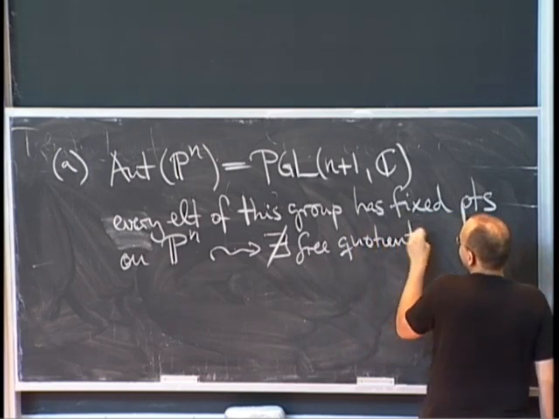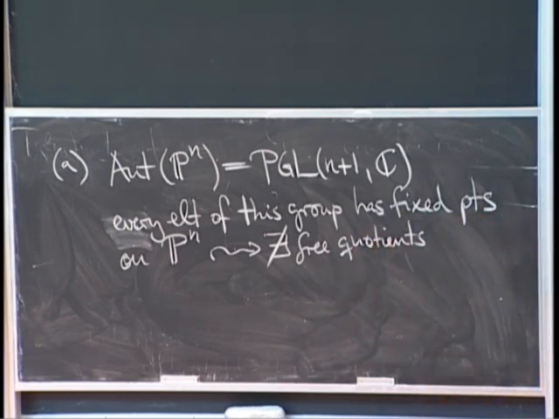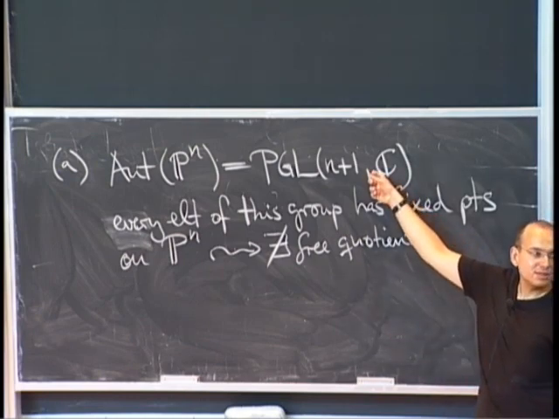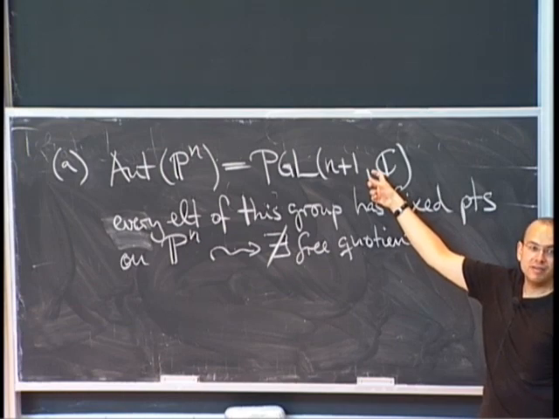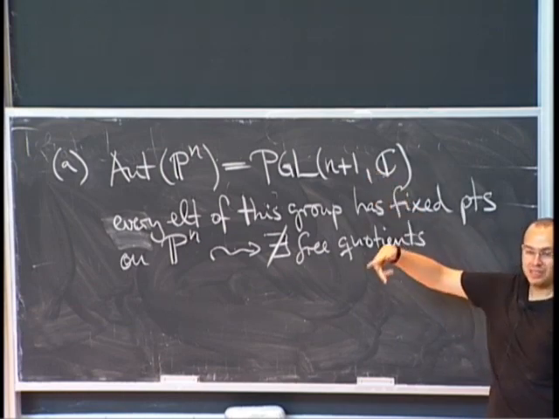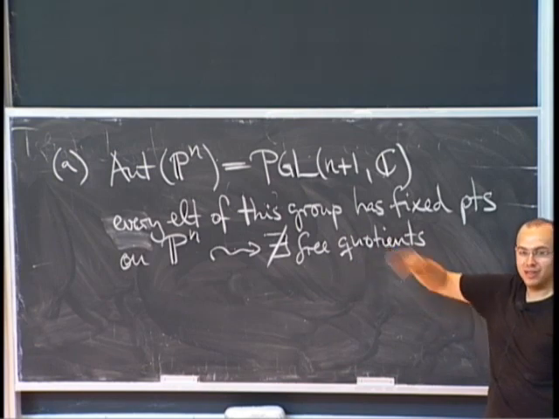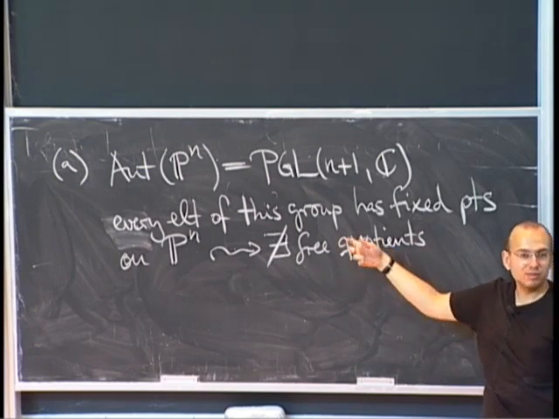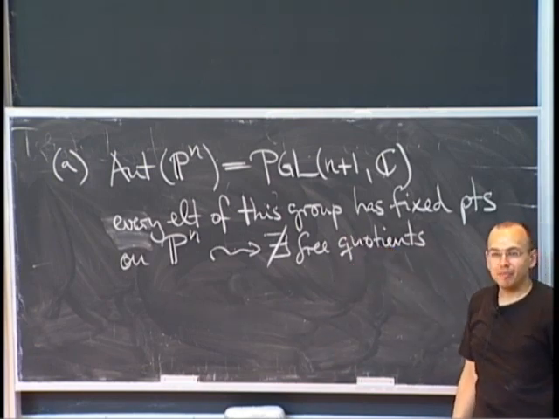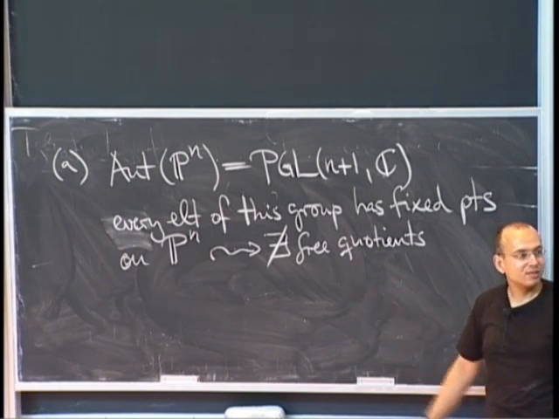And well, there's at least two ways of seeing this. The first one is to say, well, these guys are complex matrices. Complex matrices have at least one eigenvector. If it's an eigenvector, then it reproduces itself up to a scalar, so it defines the same complex line, so it's a fixed point on projective space. And the better way to see this is to use the Lefschetz fixed point theorem.